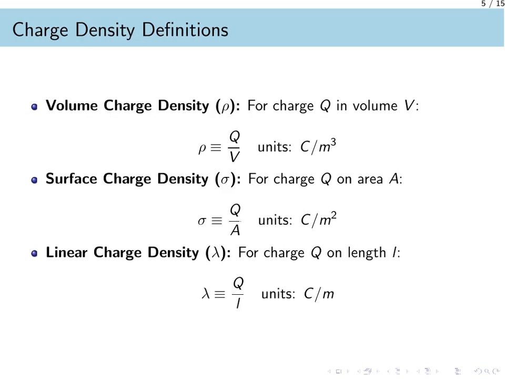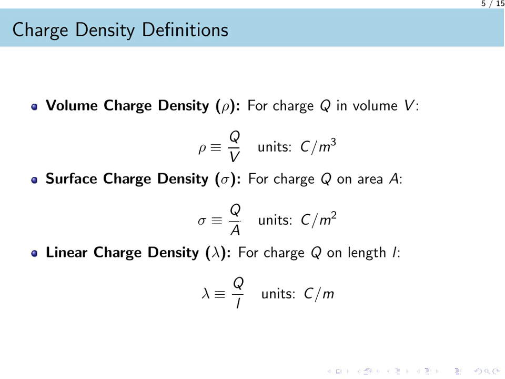To perform these spatial integrals, we must define three types of charge densities based on how the charge is spread out. For a total charge uniformly distributed throughout a three-dimensional volume, we use the volume charge density, denoted by the Greek letter rho, defined as total charge divided by volume, with units of coulombs per cubic meter.